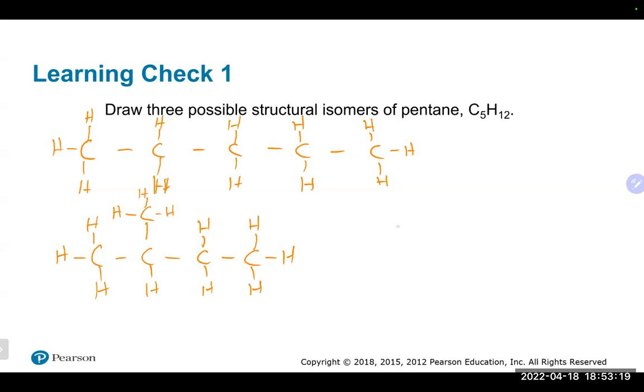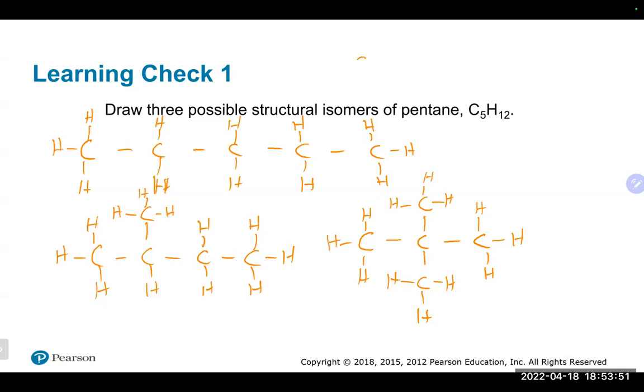Let's say I didn't do 4 carbons in a row, but I only did 3 maybe in a row. And I put one here and one here. Now I put my hydrogens in. And that's 3.